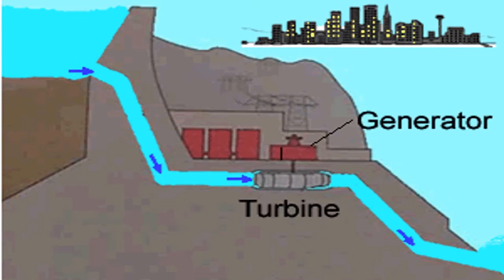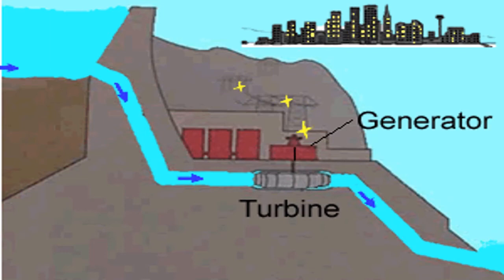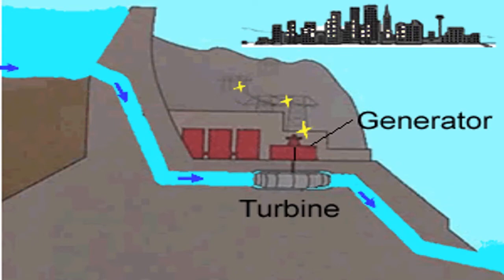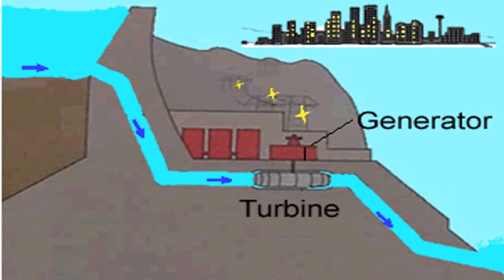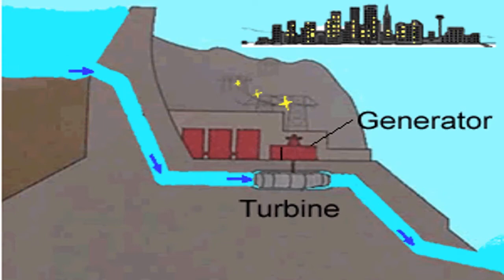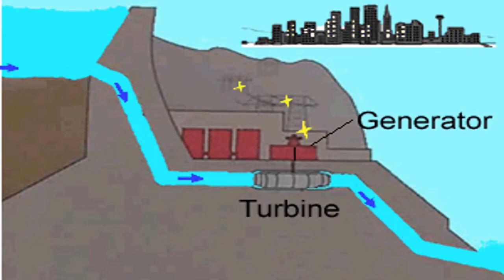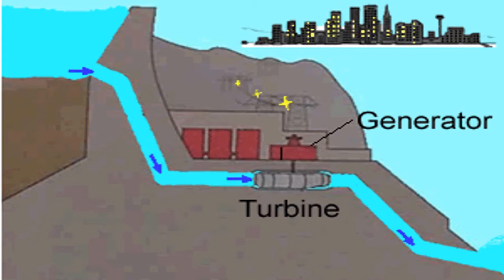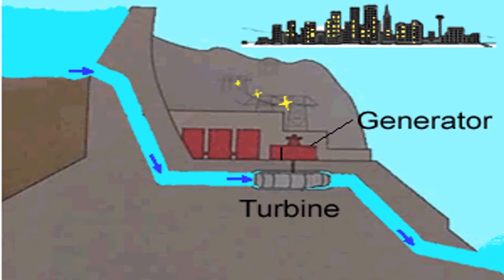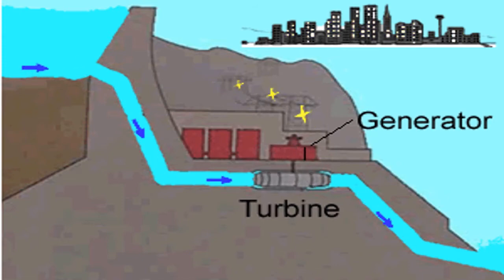As you can see over here, the direction of arrows, the movement of water makes the turbine move or spin, which in turn activates the generator to produce electricity. Generator is a device that converts one form of energy into electrical energy. So that's how hydroelectricity is produced, by the movement of water.